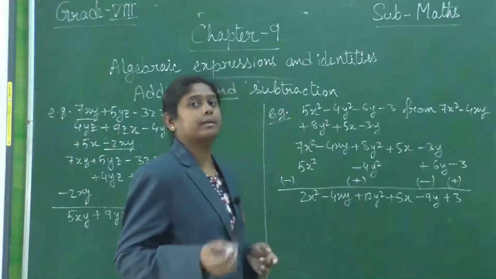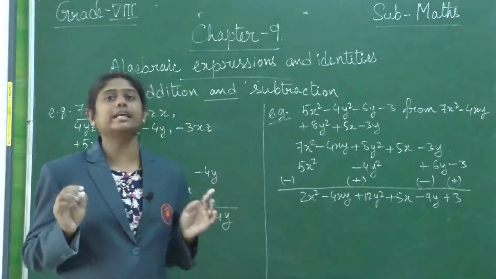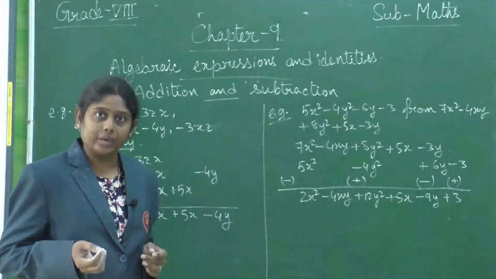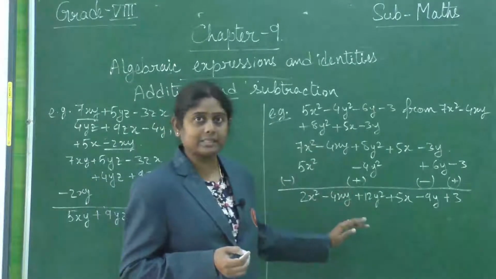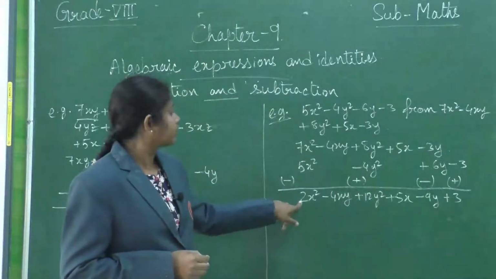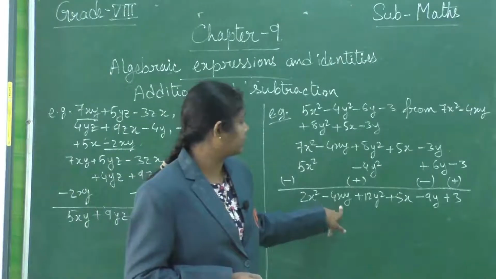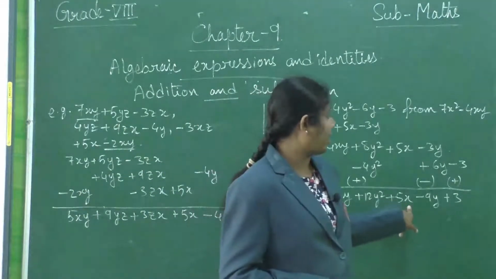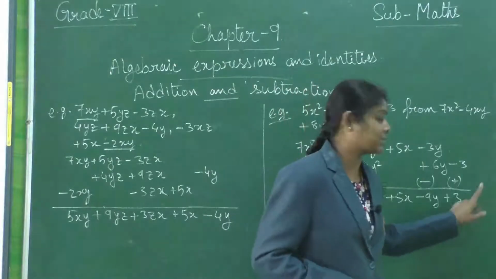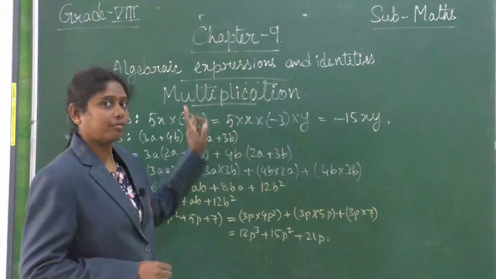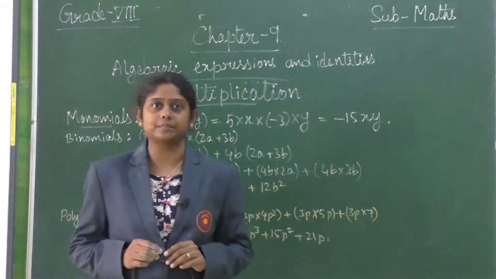According to step number 3, we should not change any variable or exponent of the variable, right? So it will be the same as it is. So the final answer we are getting is 2x square minus 4xy plus 12y square plus 5x minus 9y plus 3.